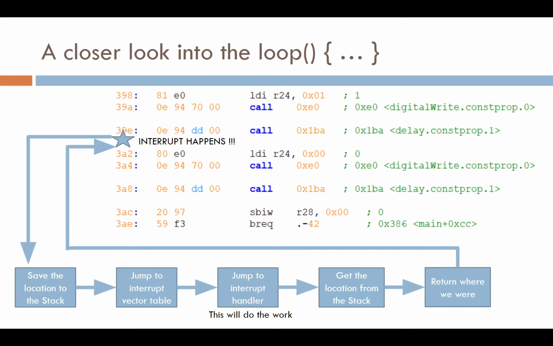And what then is done automatically depends on the processor architecture, of course, what kind of interrupt mechanism it has, and so on. Arduino has a very simple interrupt system.